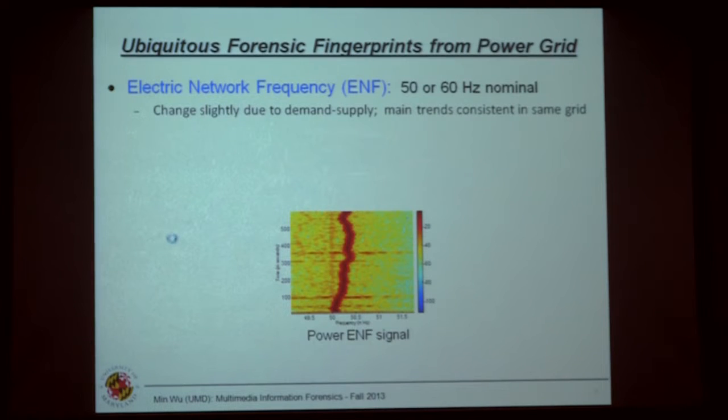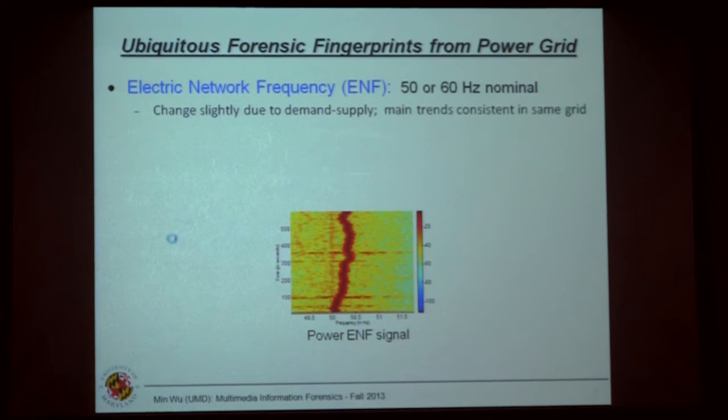That is the result of a dynamic process between our ever-changing demand and supply and the control mechanism trying to keep up. What we are seeing here is frequency on the horizontal axis and time on the vertical. We take very short samples, looking at a few seconds of samples, and estimate the instantaneous frequency. We do this for the next frame and so on.